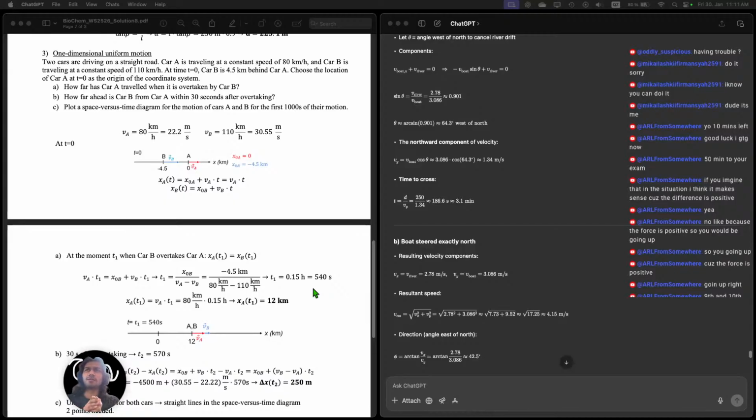Velocity of car A times T1 equals the separation of car B from A plus V times T1. And we have to find T1. We know X0 is 4.5. Okay, kind of get it. But I don't know if I could do this part when I'm in the exam.